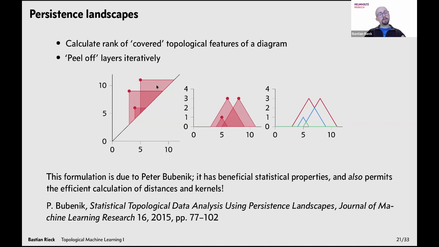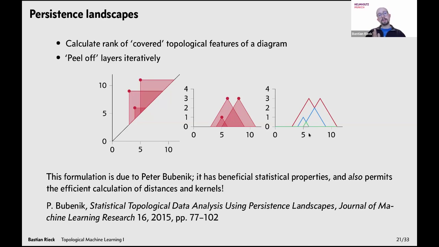And when you do this, you then just peel the layers off iteratively. So you start with a thing that has no intersections, then with 2 intersections, then with 1 intersection. And this leads to this very nice set of nested curves here. You have the red curve, which is the first layer, the blue curve, which is the second layer, and the green curve, which is the third layer here.